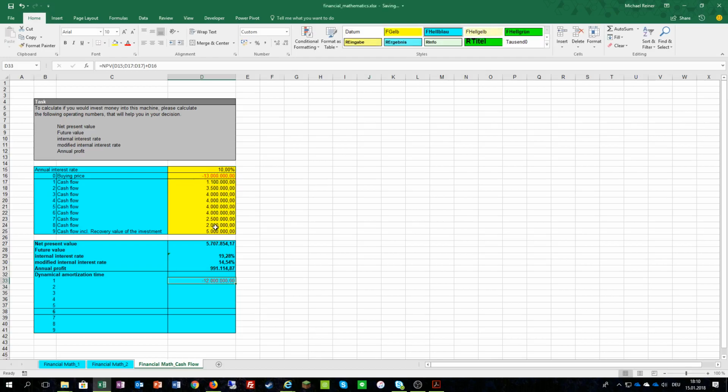And that would mean after the first year, if you calculate down the cash flow of the first year with the annual interest rate, we are left with an investment of 12 million to pay back.